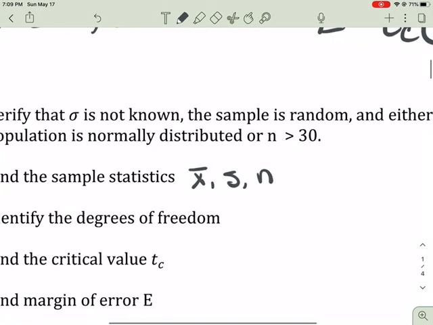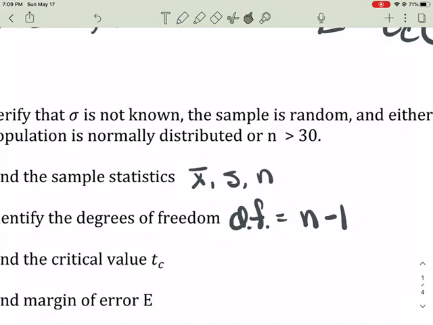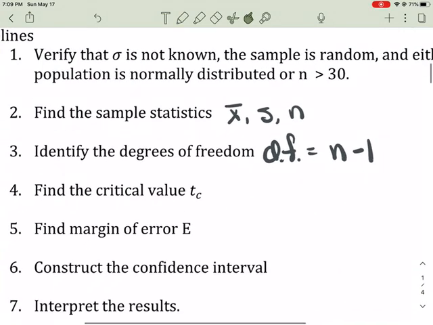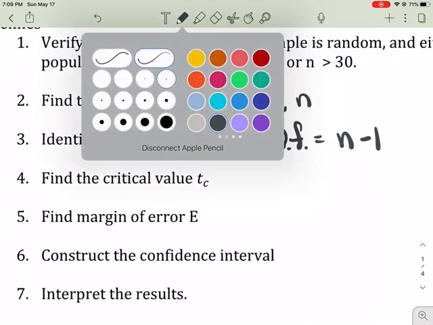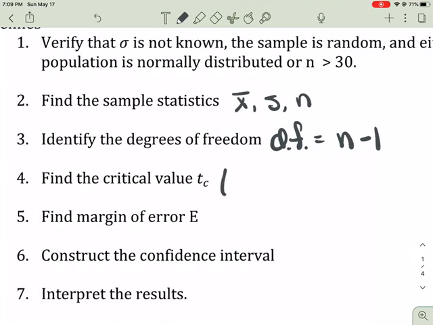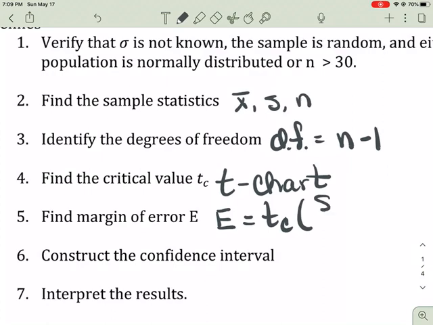You're going to need to identify what your degrees of freedom are. Remember, degrees of freedom is sample size minus 1. You're going to need to find your critical values. Remember, that's going to be your t-chart. Then you're going to find your margin of error, so that's E equals t sub c times s over the square root of n.